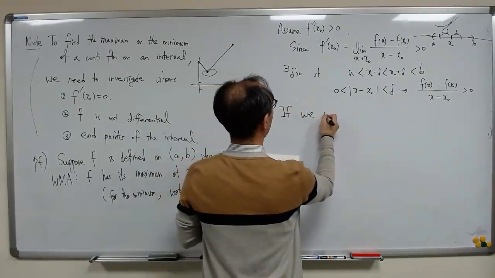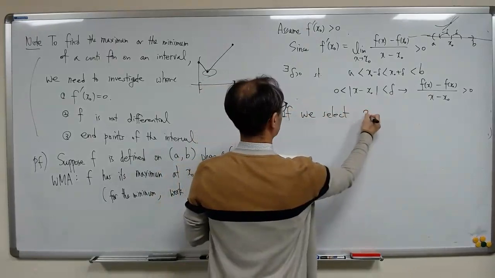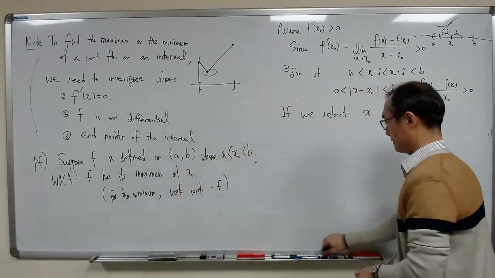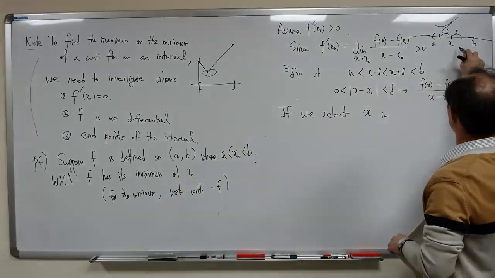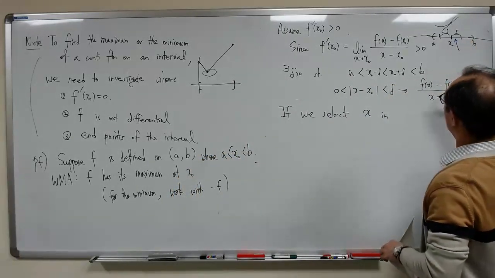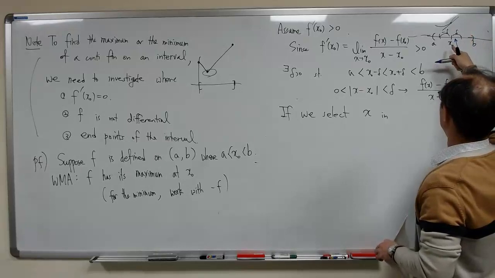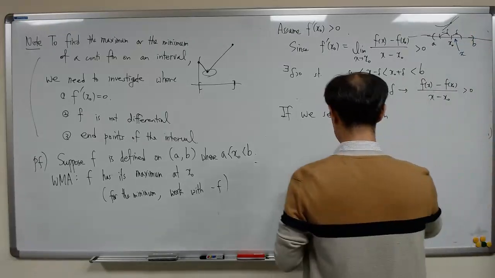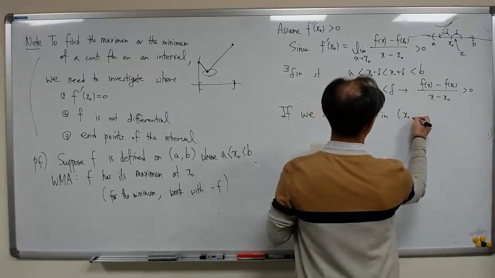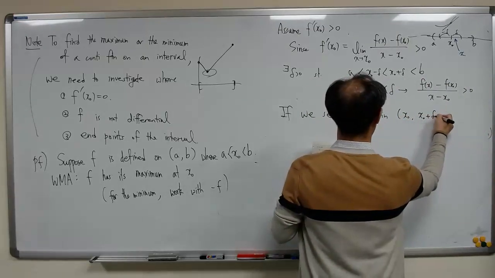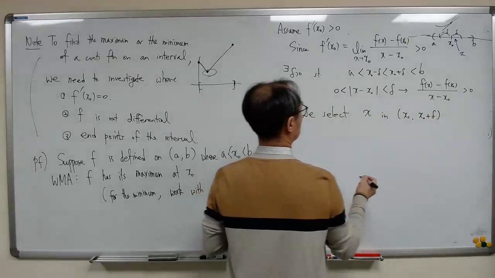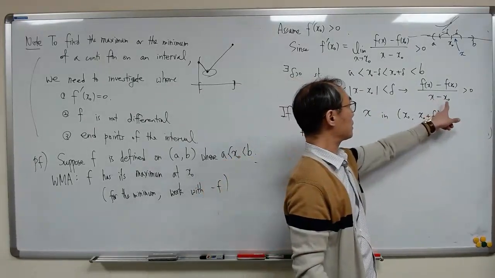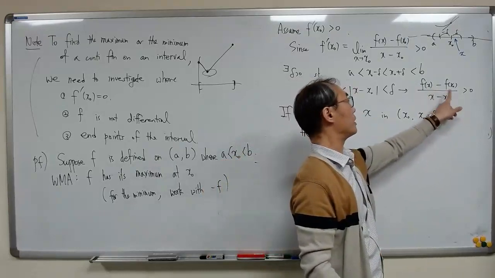So if we select x, the right side of x naught, if we look at x in x naught and x naught plus delta, then this x minus x naught, the denominator, is positive.